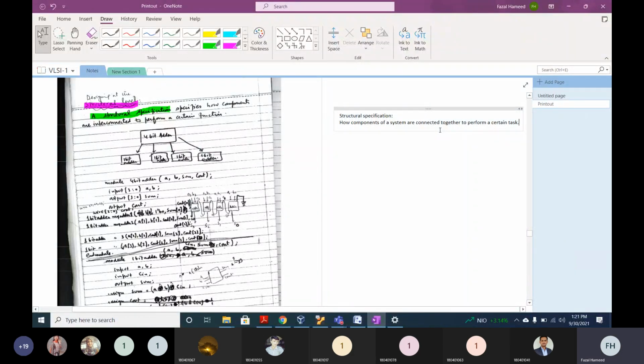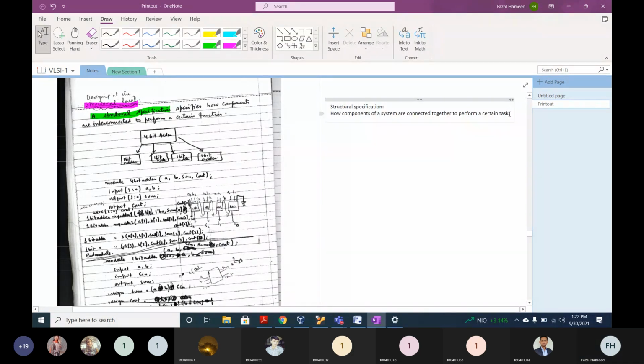What are the different components of the microprocessor that are interconnected together to perform the whole function? We already studied this in embedded systems. What are the different structural components of a microprocessor?